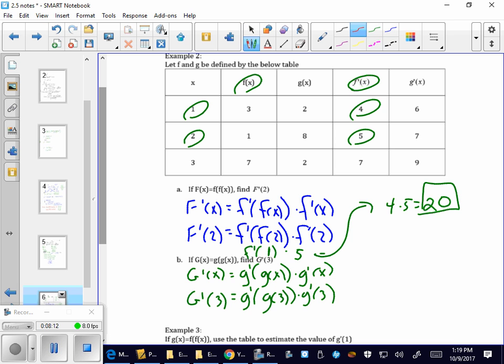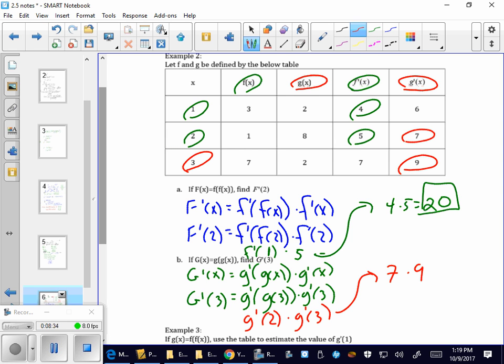Let's do this in red so I don't get it confused with all those green things up there. So g of 3, there's g, there's 3, so that's 2. So g prime of 2 times g prime of 3. So g prime of 2 is 7, and g prime of 3 is 9. So we get that capital G prime of 3 is 63.